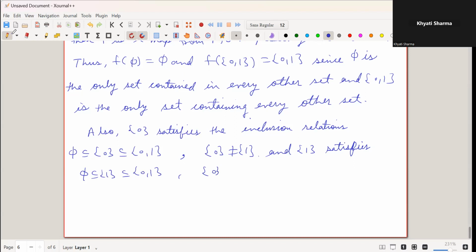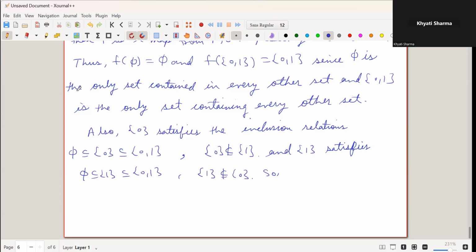Again, this is not the inclusion I should have written: {0} is not contained in {1}, and {1} is not contained in {0}, right?